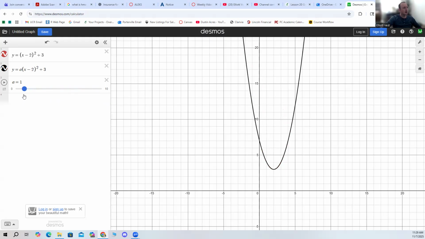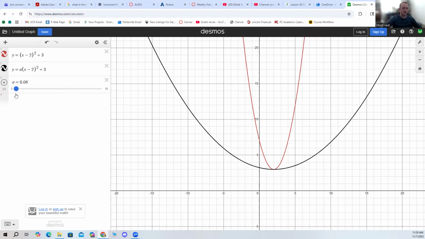And then as I get below 1, look what happens. My black graph gets fatter and fatter until, when I get all the way to 0, it's going to look flat. Even with a small a, like 1/100th, it's fat.